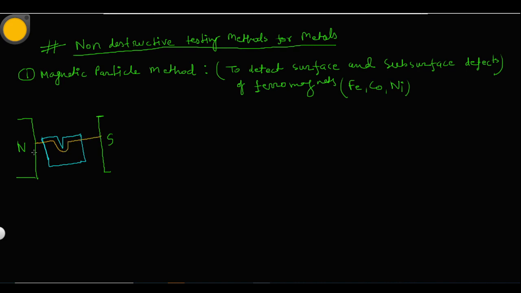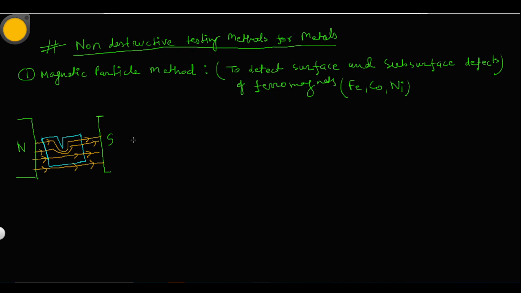Due to the defect, the path gets deflected from the straight line, deviating here due to this defect in the metal.